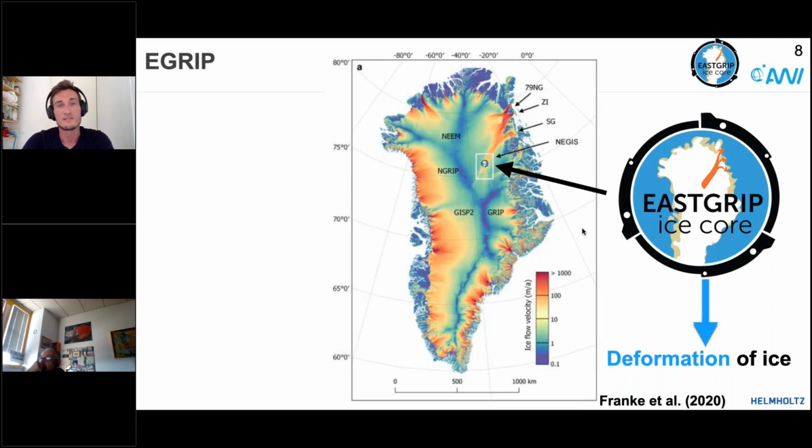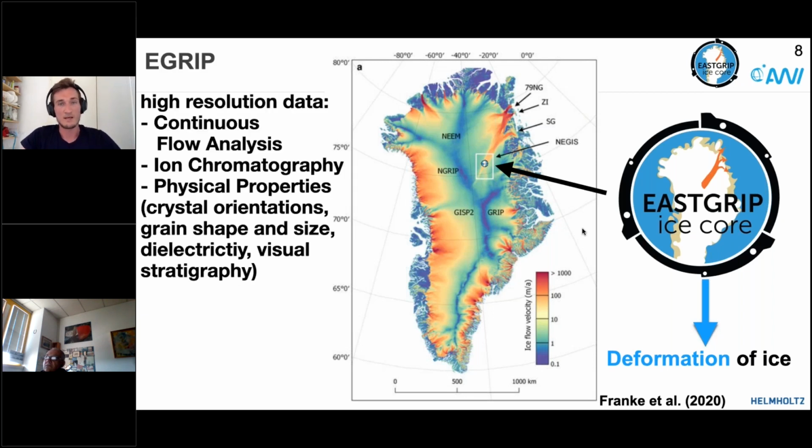And it's the very first deep ice core which is being drilled to really get behind the deformation of ice. Not so much about the climate reconstruction, but about the deformation. And there are several challenges for that, but also a lot of stuff to learn from this new ice core. And even though it is still being drilled, we already have a lot of high resolution CFA data, IC data, and of course a lot of physical properties data.